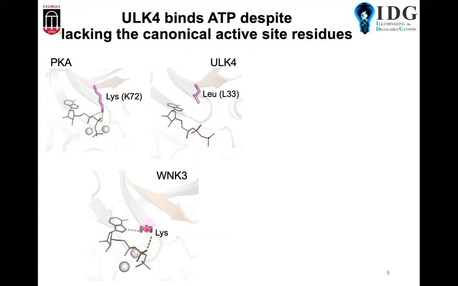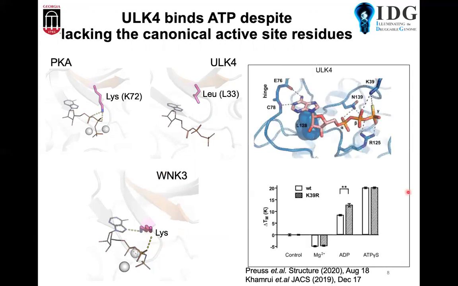So we were curious whether something like this was happening, where the lysine is migrating away from the active site and coming from different parts of the protein. In the crystal structure, there is a lysine that comes from the C helix and coordinates with the beta and gamma phosphates of ATP. But surprisingly, when you mutate this lysine and other lysine residues in the vicinity, there is no impact on the stability of the protein.